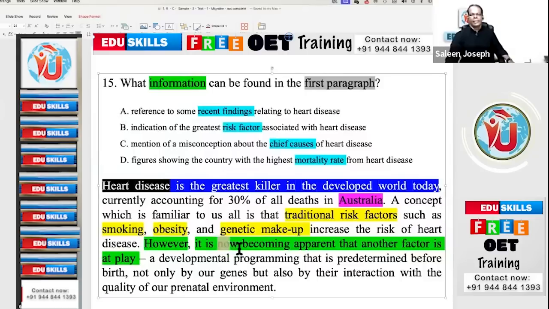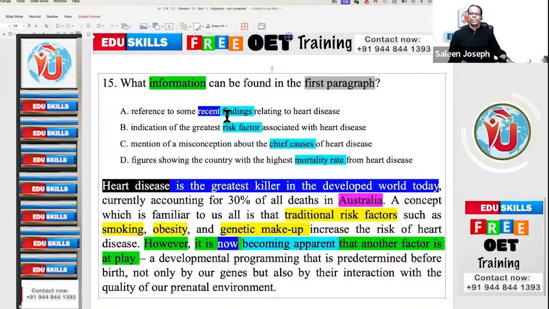Option A. See, now is a synonym of recent. Any other synonymous language? Becoming apparent. Findings, findings relating.